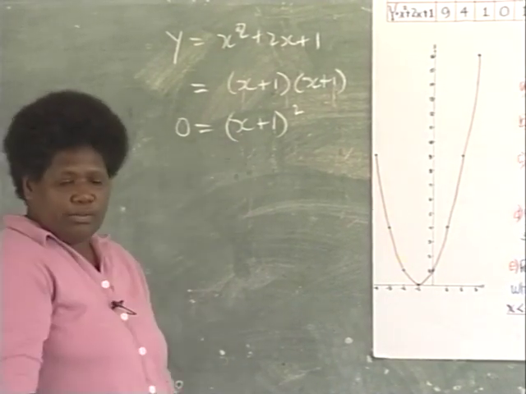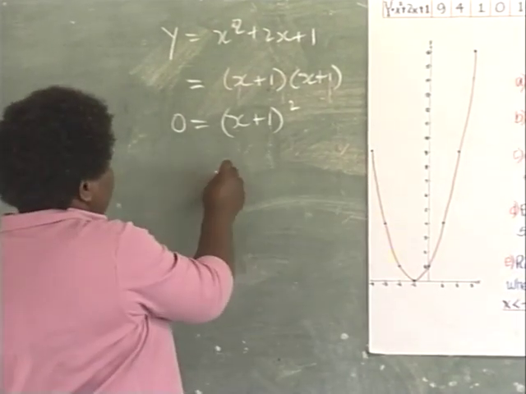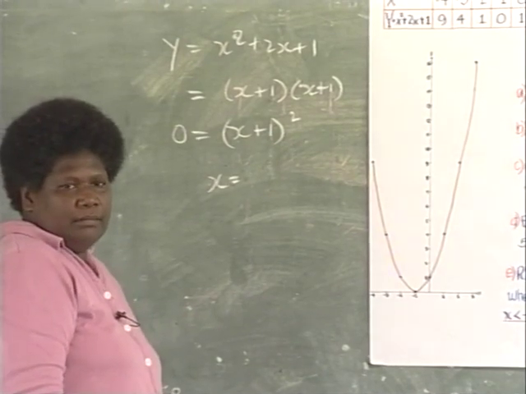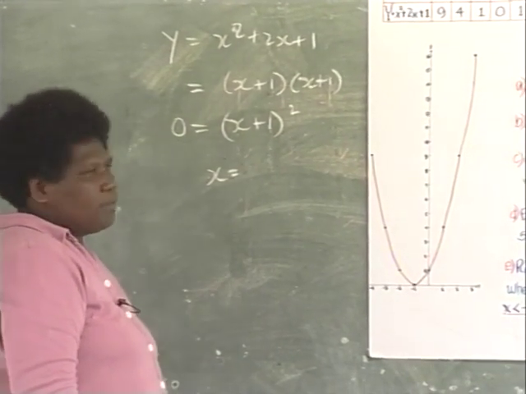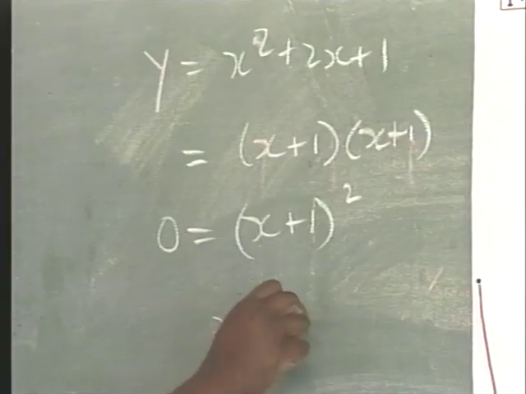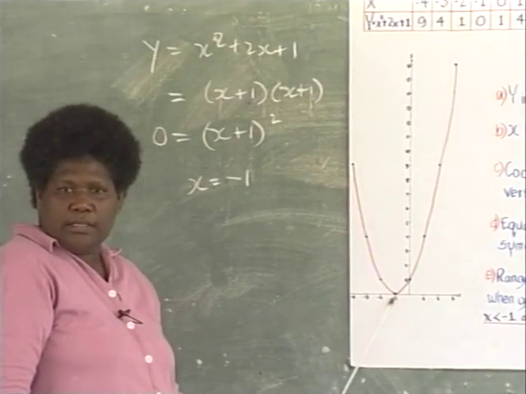Now, you all know how to solve quadratic equations. What's the answer to x plus 1 squared equal to 0? x equals -1. You will also note that is the point where the graph cuts the x-axis.